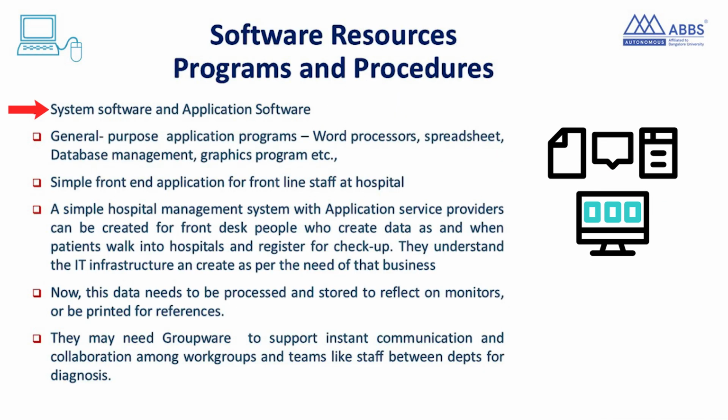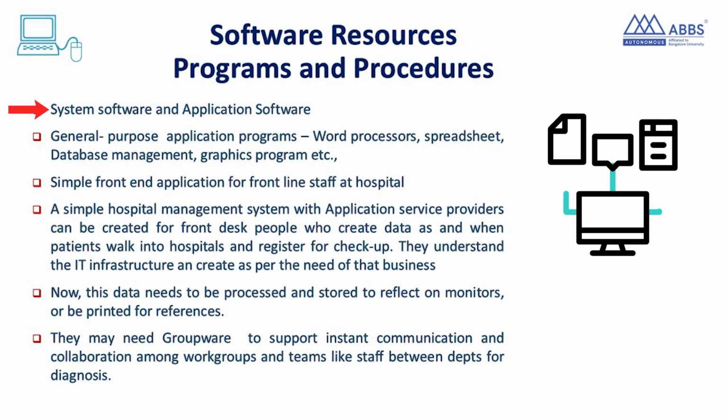We have software resources. Now, in any information system, the most intangible component is the software part. When we understand the software resources, it is going to be easy to also understand how the information system activities are dependent on it.